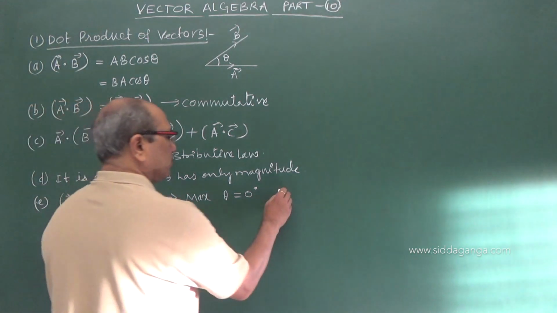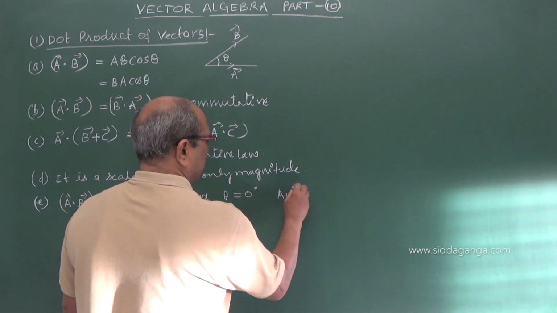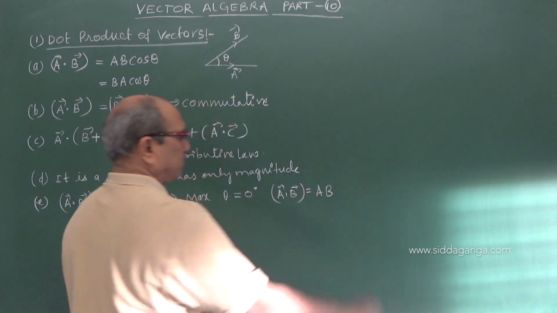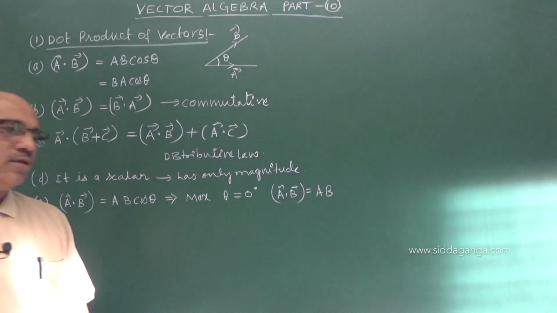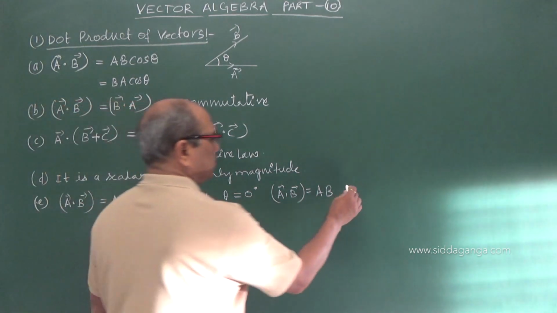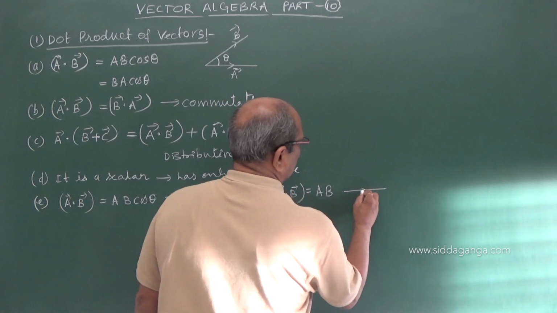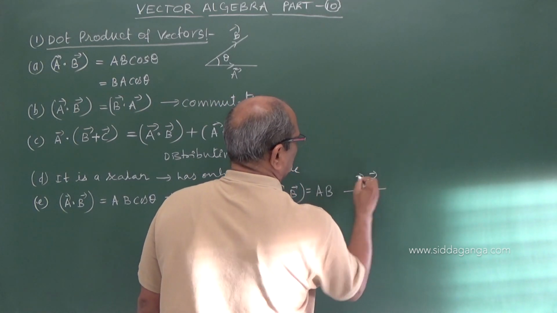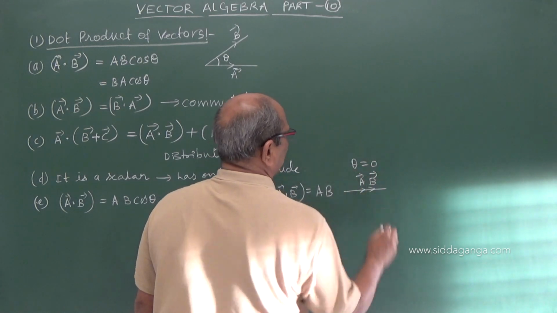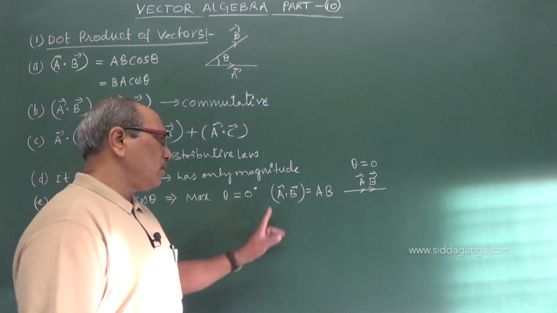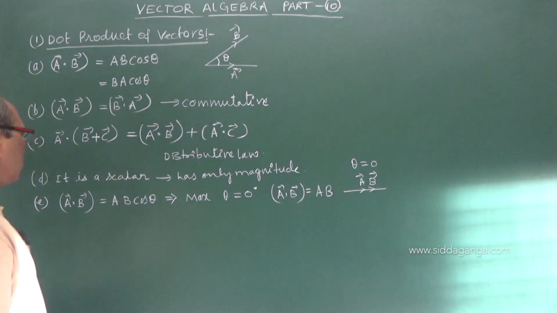That means A dot B becomes AB maximum when both A and B are acting in the same direction, theta is 0. This is the maximum value of dot product.